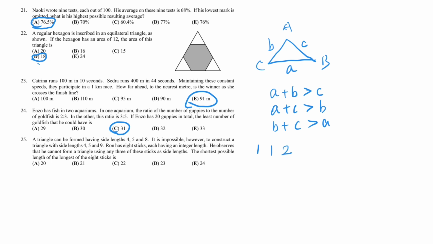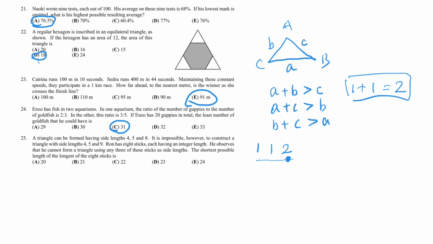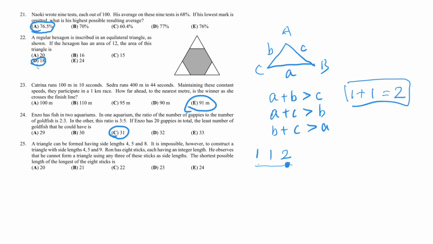That's 3 numbers. 1 plus 1 is not greater than 2, it equals 2, so it cannot form a triangle. These 3 numbers satisfy the Fibonacci sequence. From the third term, the term equals the sum of the previous 2 terms.